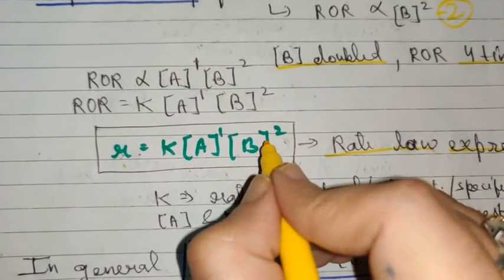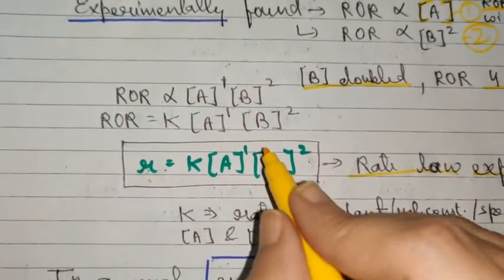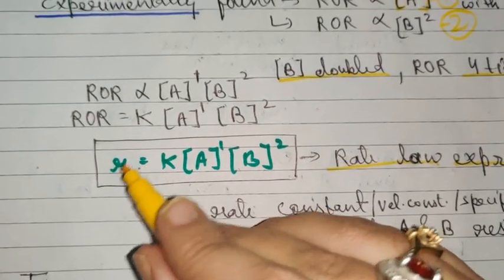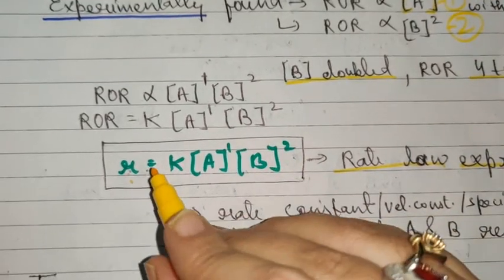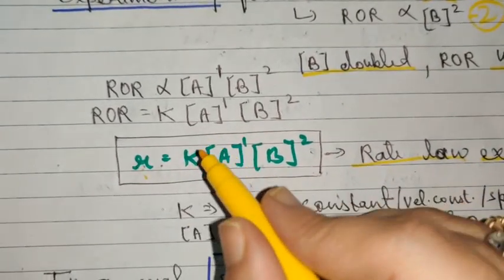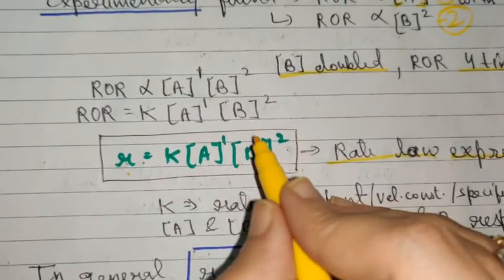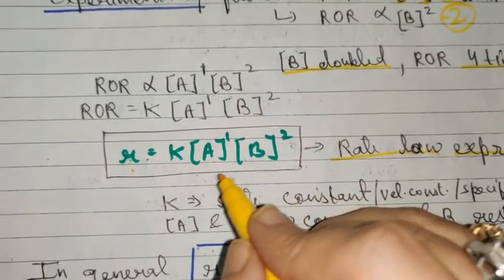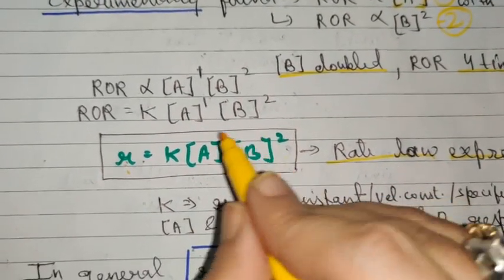Now this is just a hypothetical case I'm discussing here. The case can be anything. The rate can become half if you are doubling the concentration of B. The rate can remain unaffected on changing the concentration of any of the reactants. That means this power can be fractional, can be in the form of a decimal, it can be negative, anything can happen.